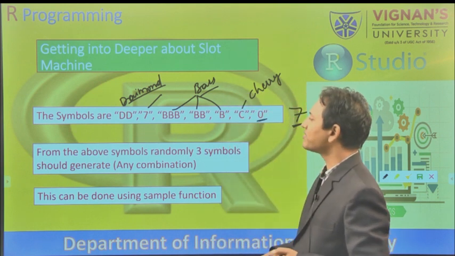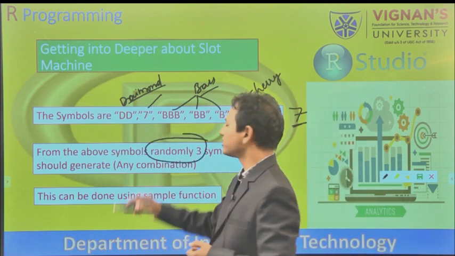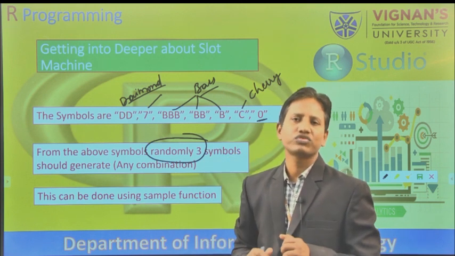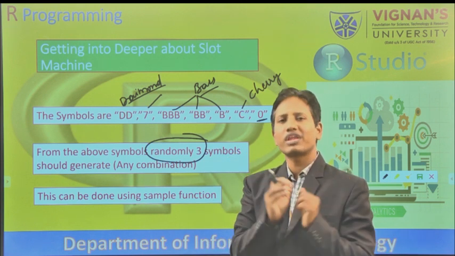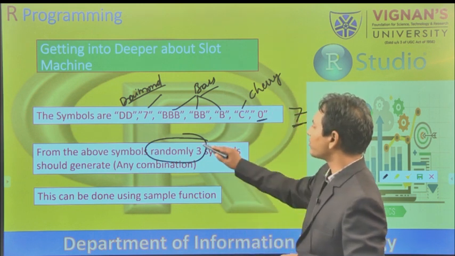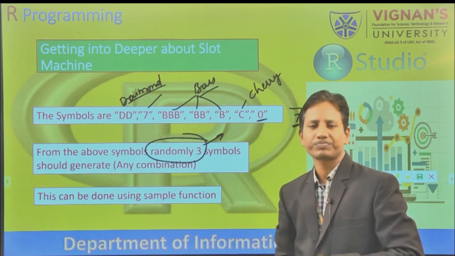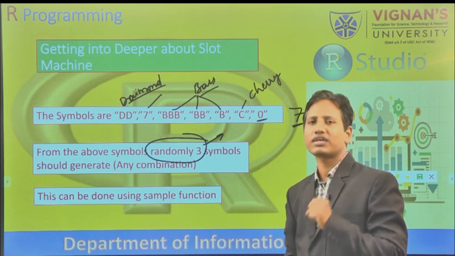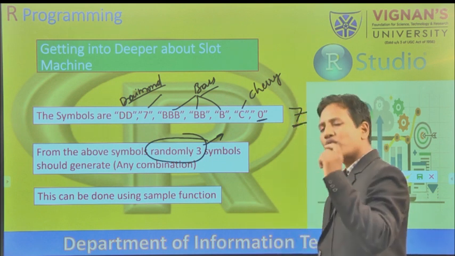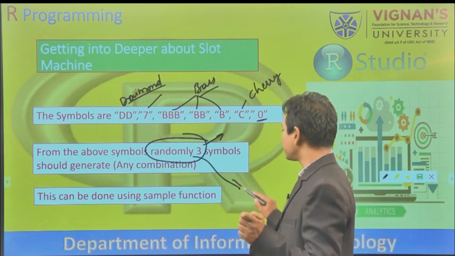Out of these 7 symbols, we have to randomly generate. Here in quotes, the word is randomly. So randomly you have to generate these 3 symbols, and finally for these 3 symbols we have to give the prize money. This is the task. So now a small idea we are getting for this point is randomness.